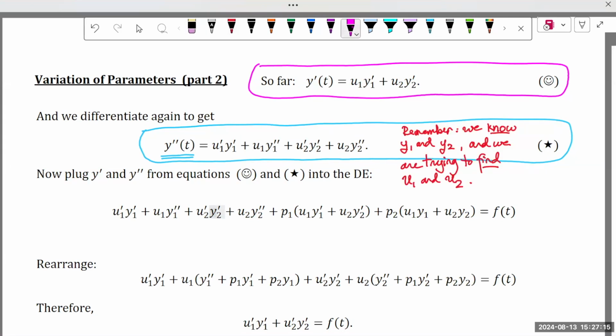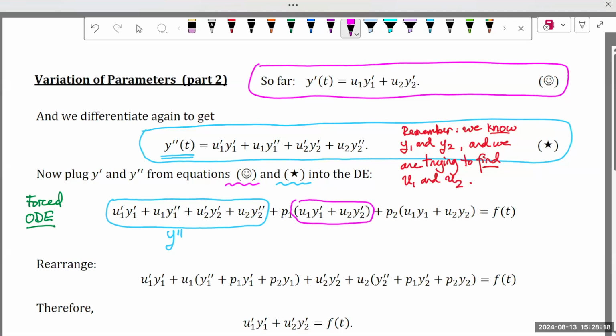Now let's take what we have found for our solution y prime from the pink equation, and for our solution y double prime from the blue equation, and plug it in to the original non-constant coefficient inhomogeneous ODE that we started with. This first part is our y double prime added to P1 times y prime added to P2 times y. That whole thing equals our inhomogeneous right-hand side, F.